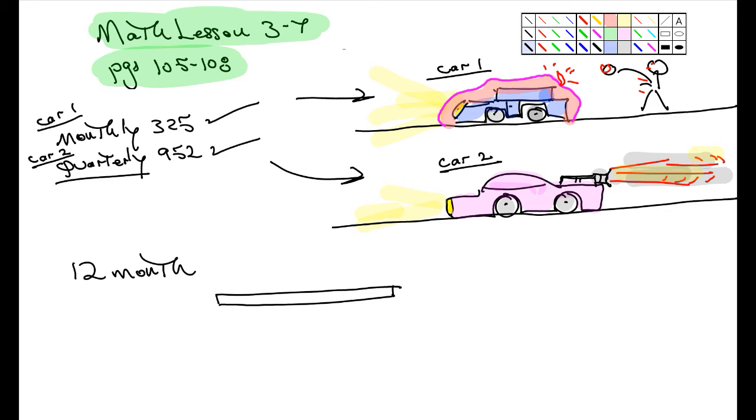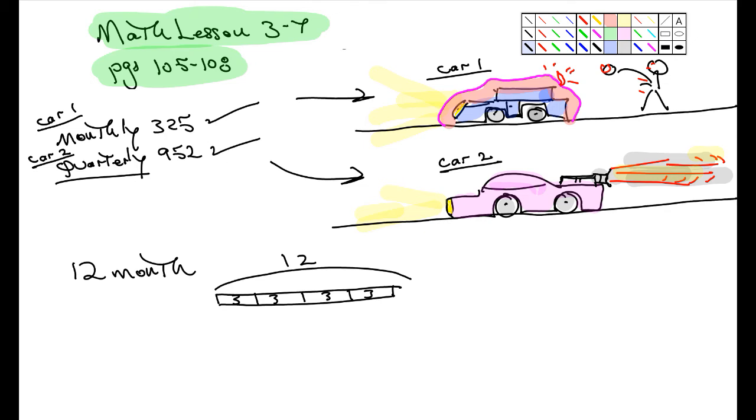So when we divide something into quarters, we're dividing it into 4 equal parts. So 1, 2, 3, and 4. So this whole thing would be 12 months, but it's divided into 4 parts. Each part would have what? 3 months. And if you count those 3s up, they would total 12. So quarterly is for 3 months.